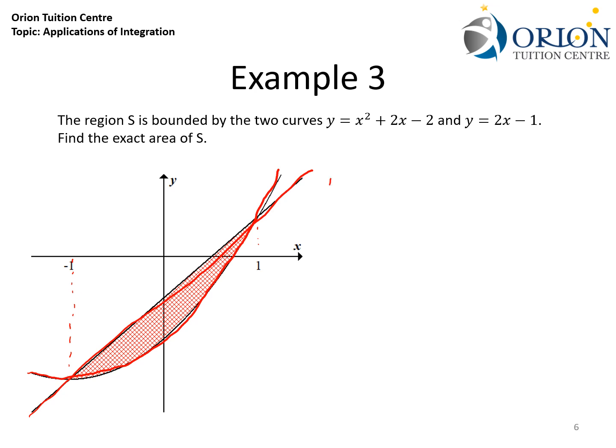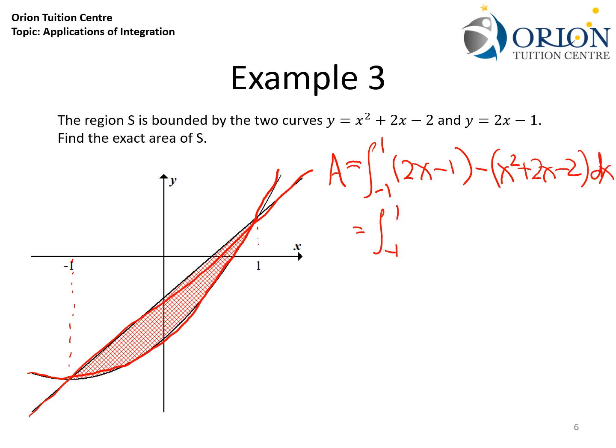So we have A equals integration from minus 1 to 1, 2x minus 1 subtracted by x squared plus 2x minus 2 dx, which we can simplify into integration from minus 1 to 1 of negative x squared plus 1 dx, and we can calculate this to become 2 square units.